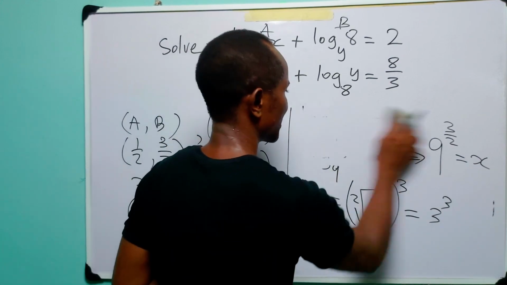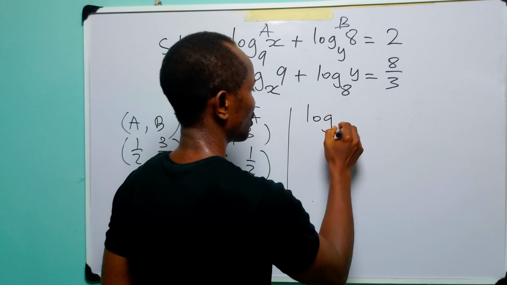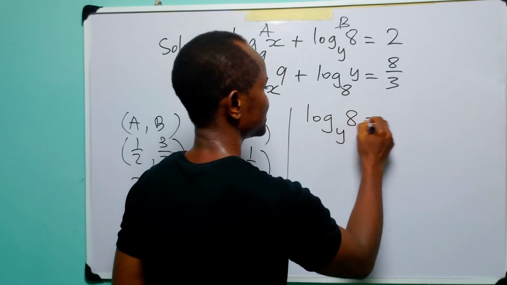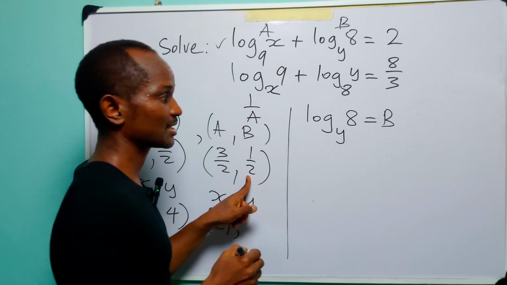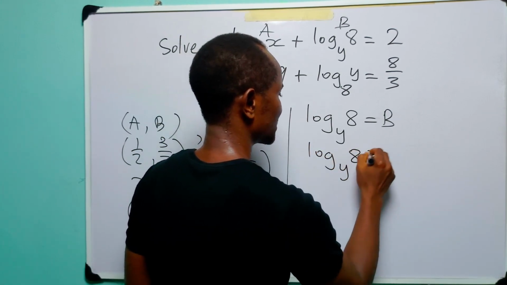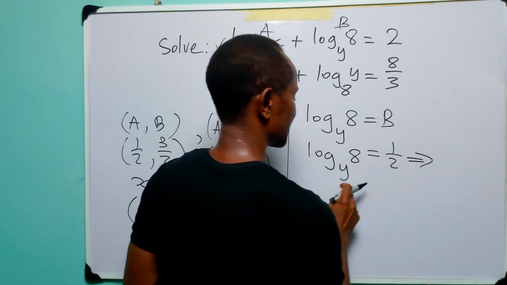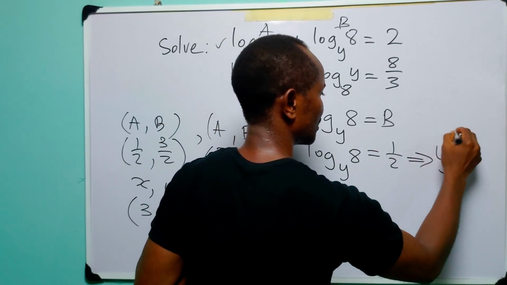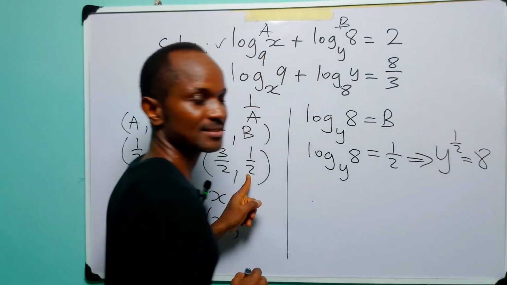We go on to calculate the value of y from this equation. So we have that log to base y of 8 is equal to b. And in this case, b is equal to half. So we have that log to base y of 8 is equal to half. Once more, this simply means that y to the power 1 over 2 is equal to 8.